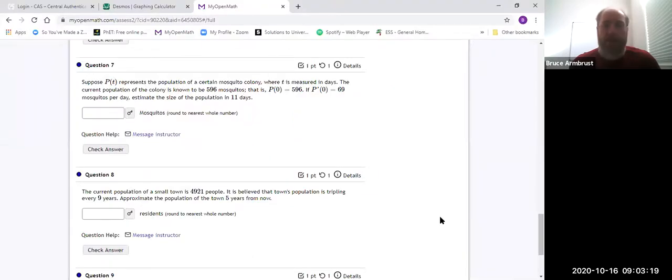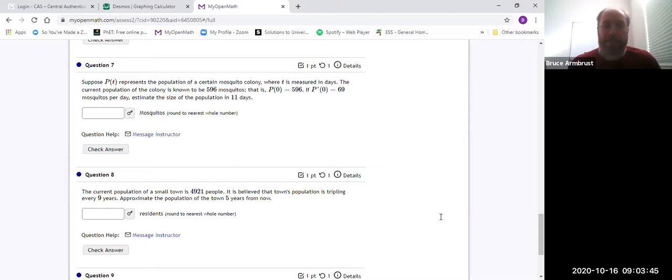Number 8 here says: the current population of a small town is 4,921 people. It is believed the town's population is tripling every 9 years. Approximate the population of the town 5 years from now. Okay, so this one is not quite the same, but it's kind of similar, right?